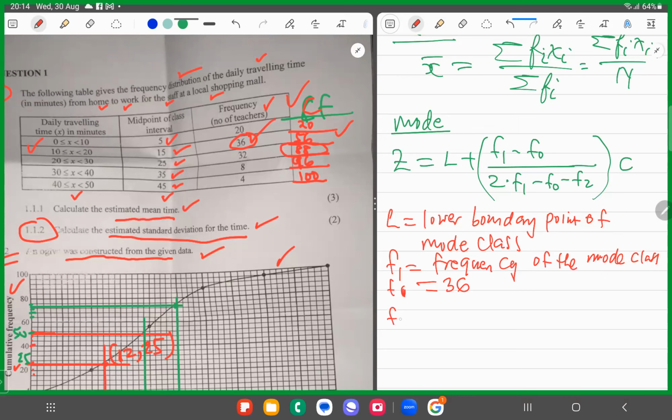And then we have F0, the frequency of the preceding class.